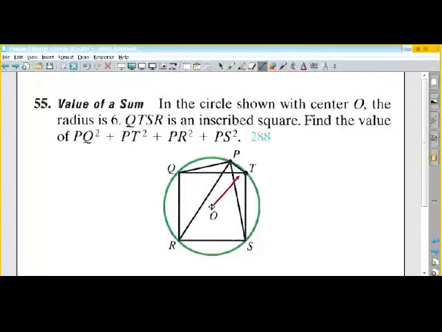So let's draw a line to represent the radius. From here to here would be 6, from there to there would be 6. To all these different points, that's going to be 6 units. No matter where, as long as the point's on the surface of the circle, the distance from the center to there is 6 units.